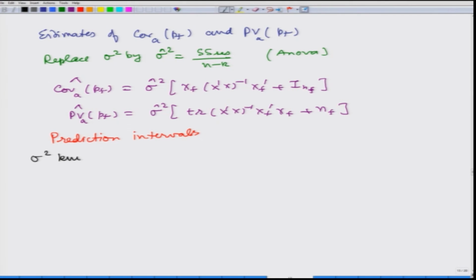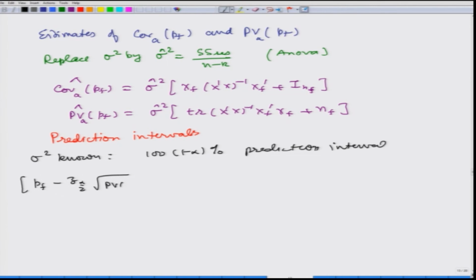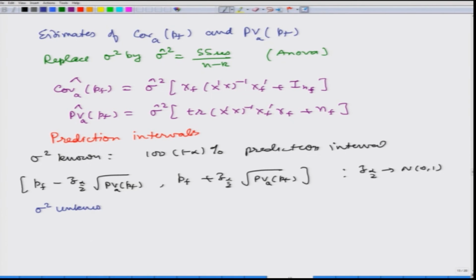One is when sigma square is known, and in this case the 1 minus alpha percent prediction interval is obtained as PF minus Z alpha by 2 times the square root of the predictive variance of PF when it is used for actual value, and PF plus Z alpha by 2 times the square root of the predictive variance of PF, where the values of Z alpha by 2 are obtained from the tables of normal 0, 1 probabilities.